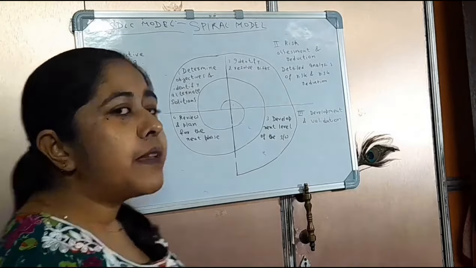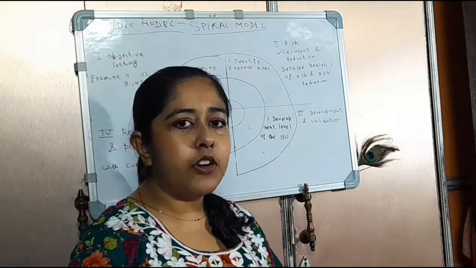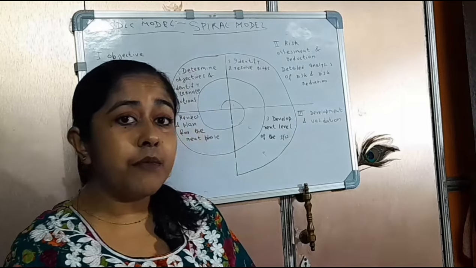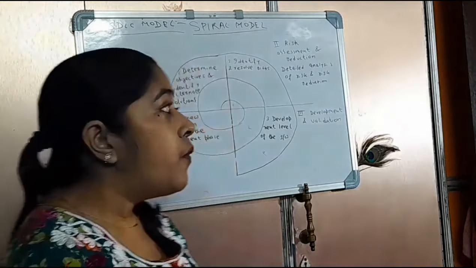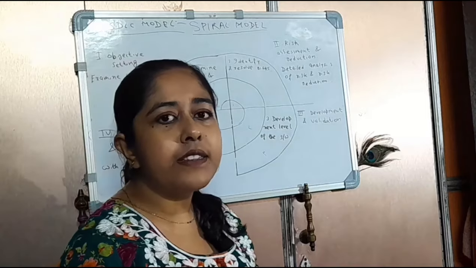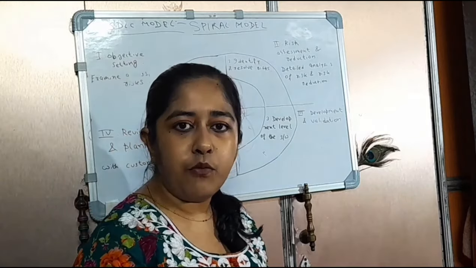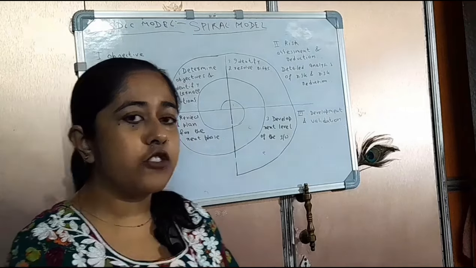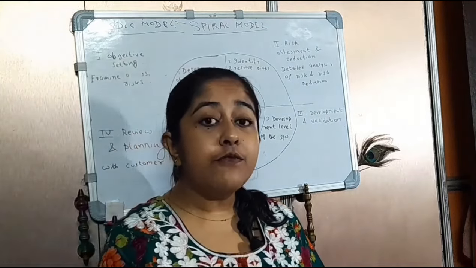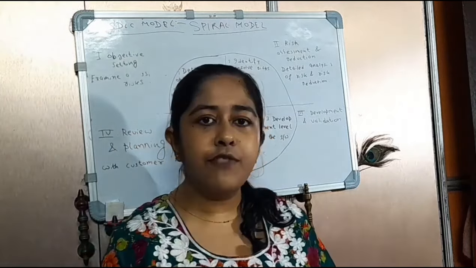So how many loops can there be in this spiral model? There can be an infinite number of loops in the spiral model. What do these loops signify? Why are we using this kind of model? This kind of model is used in a project in which there is a risk factor.